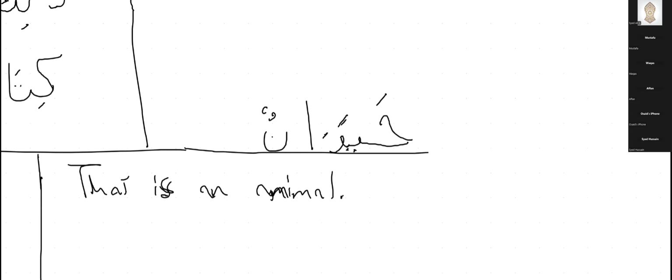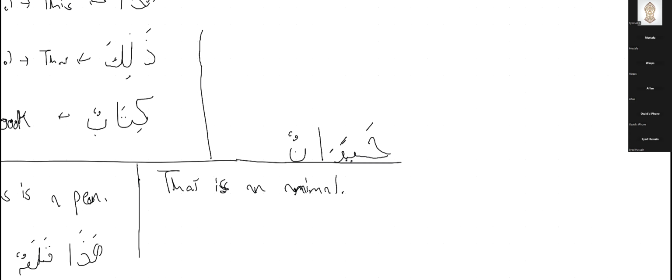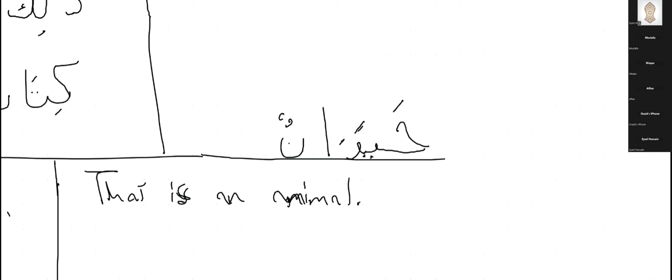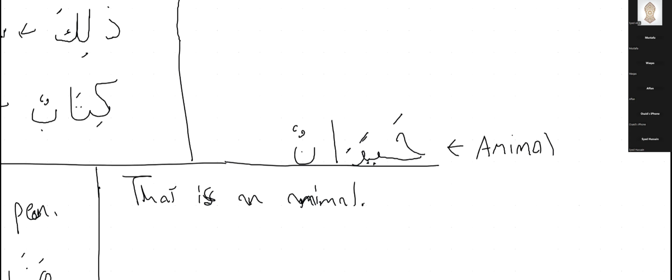So now we have حيوان. For whatever reason the pen is not working, but it's okay. We'll go into animal, right? So that is an animal.